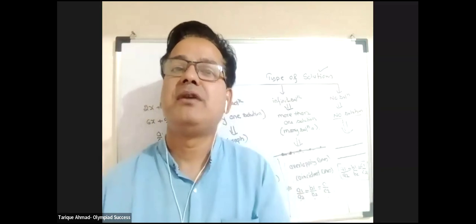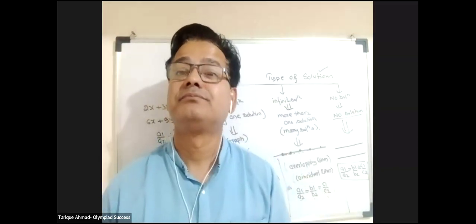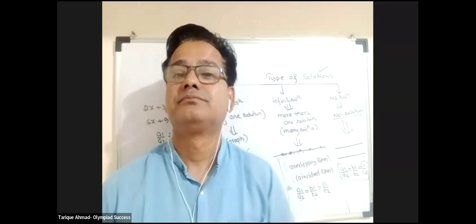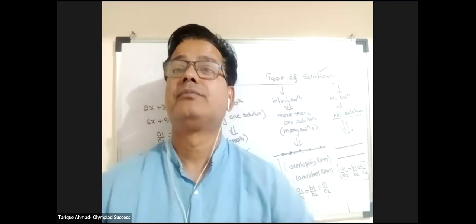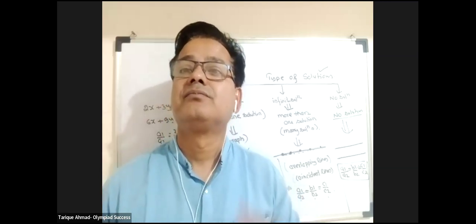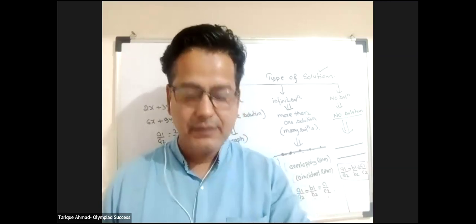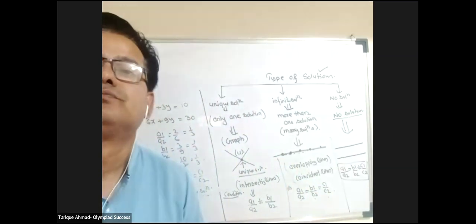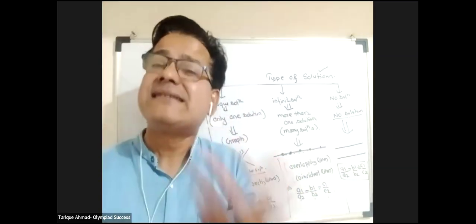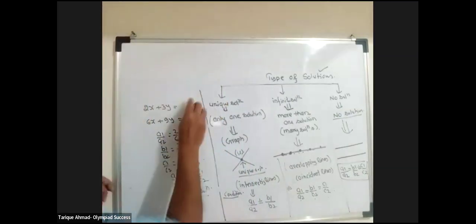It may be many meeting points. Graphically, these are overlapping lines meeting at many points. We get the same line. Coincident lines. Correct?